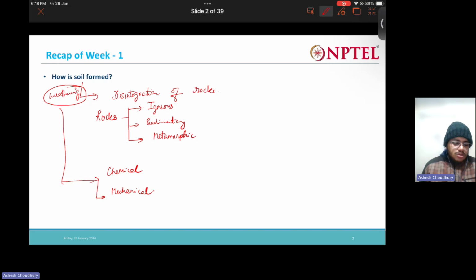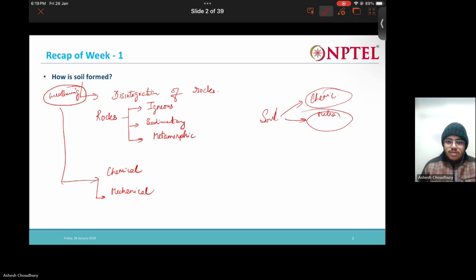Okay. So, soil formation. As I said, chemical weathering or mechanical weathering, these can be the main two processes due to which soil is formed.